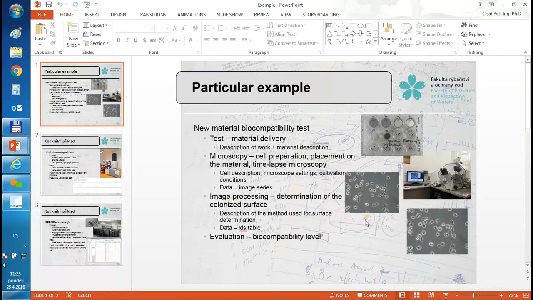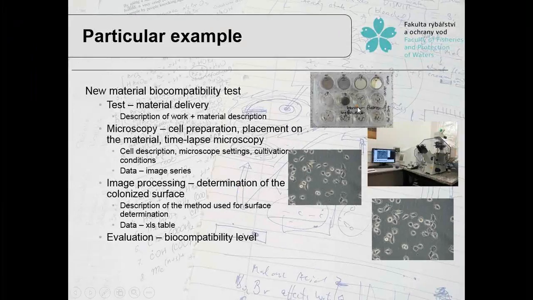Okay. And this is the description of the work that is done in the laboratory. So they do the testing of biocompatibility of the material. It just means that they have some samples, they put the cells on, and then using the microscope, they take pictures, and they try to analyze how the cells grow.